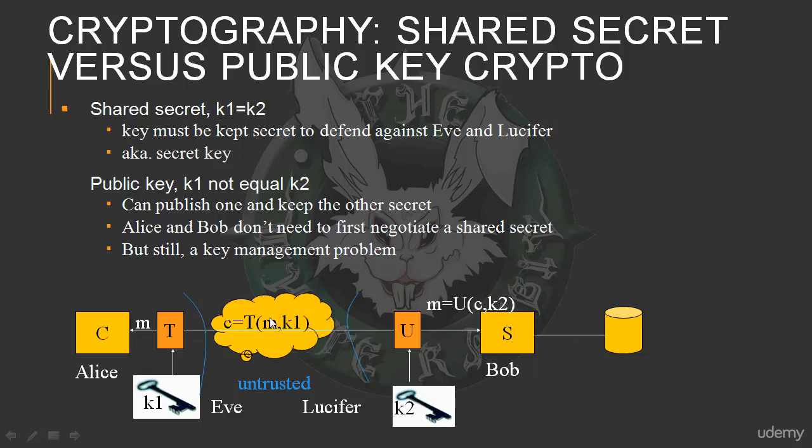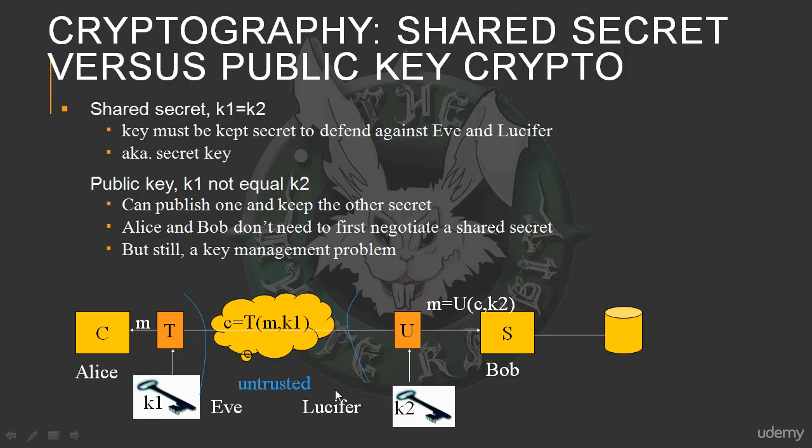This produces the ciphertext C, which then goes to Bob, and that passes through the function U that is decrypting and resulting in M being received by Bob. So the function U needs to take the key K2.